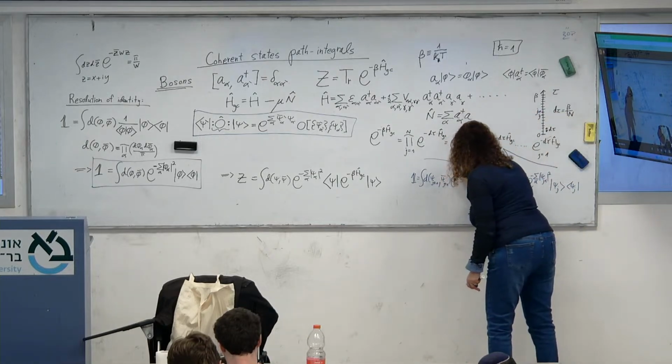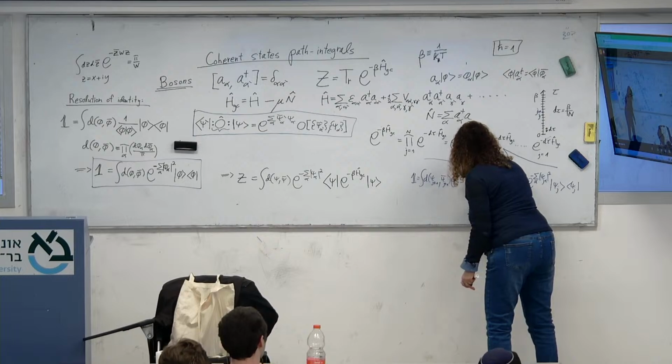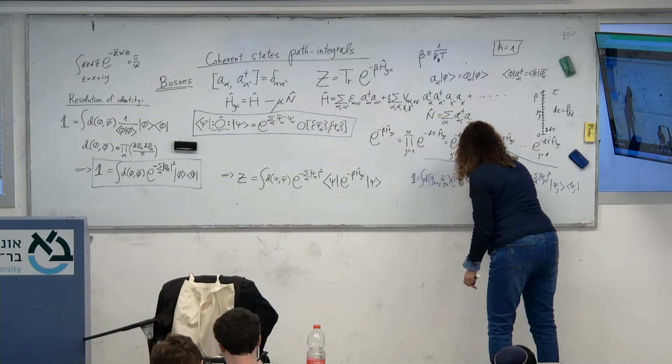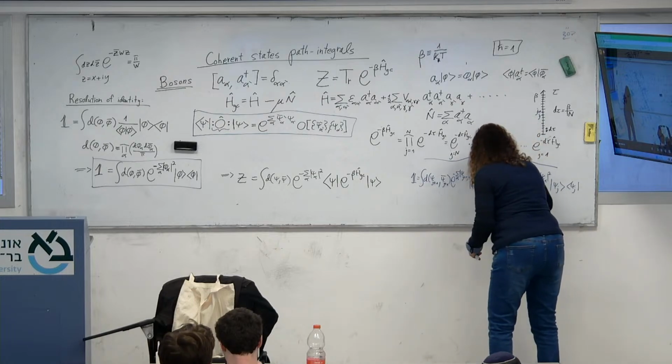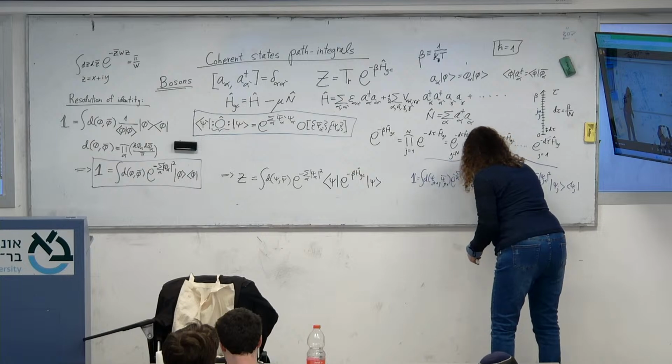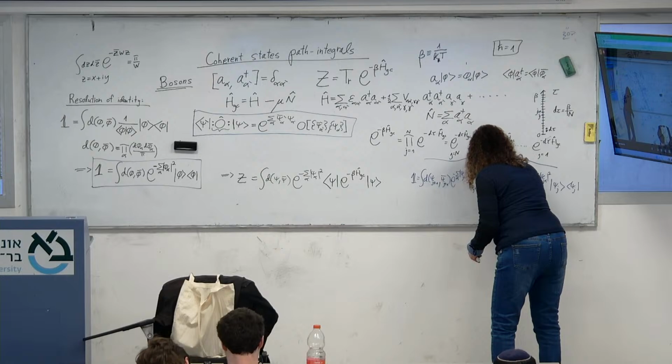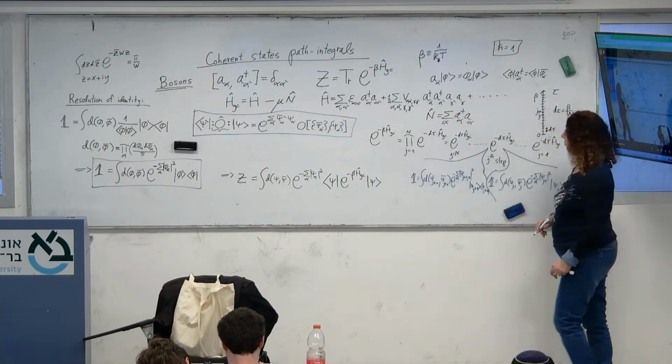And again it has the same form. And then we have psi, sorry, we ran out of space. Psi j plus 1, psi j plus 1. Good?